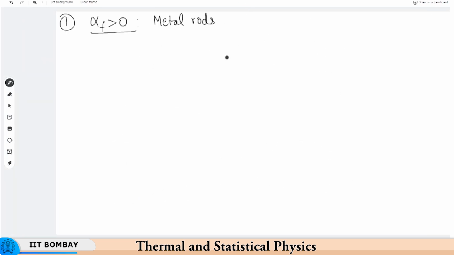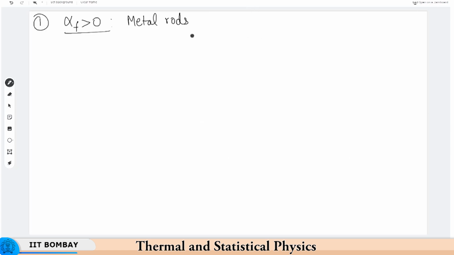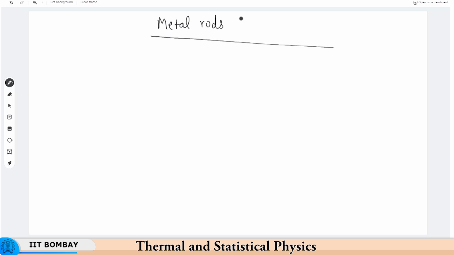Let us do it in a tabular manner: metal rods, and the second example we are considering is a rubber band.